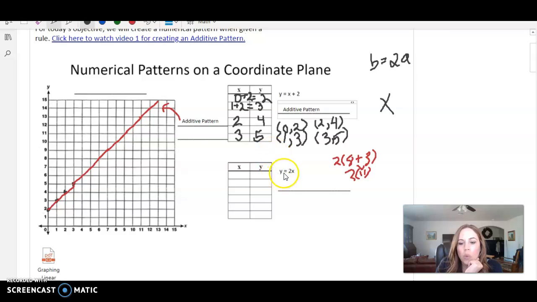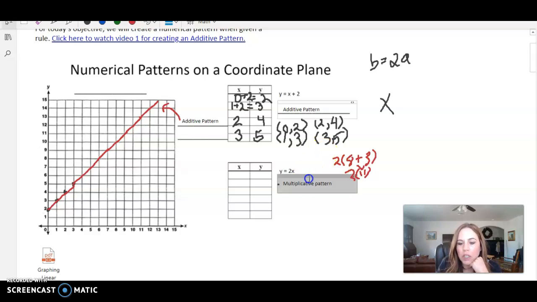Okay, so when we are multiplying in order to figure out what y is, then our pattern is called, it's a very big word, so I'm going to type it for you, a multiplicative pattern.